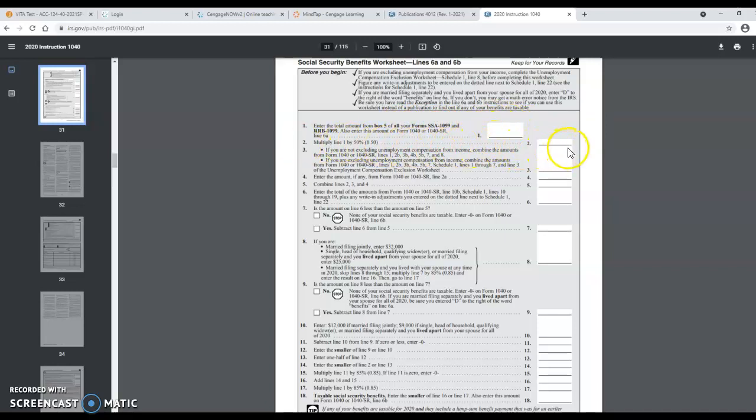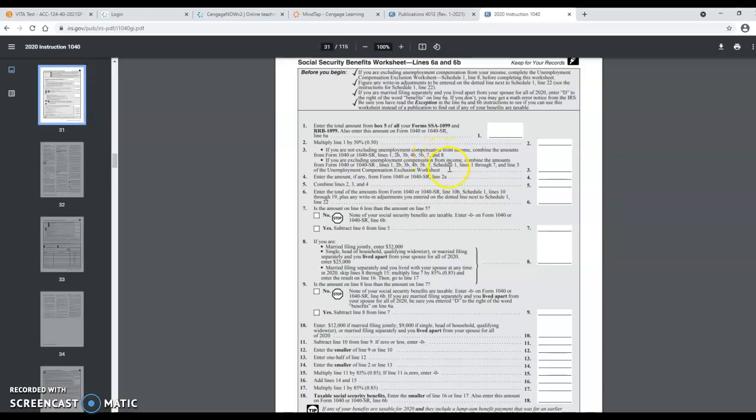Multiply it by 50% for line 2. It wants all these from lines 1, 2B, 3B, 4B, etc. On a 1040 form, you can look and see what those are, but that's basically wages, interest, dividends, other pension amounts, taxable part of pensions, and various other incomes.